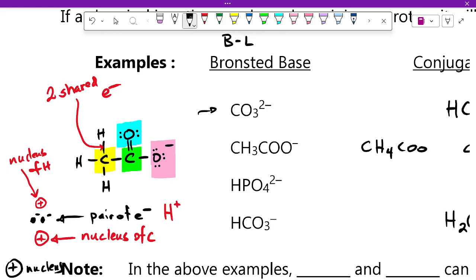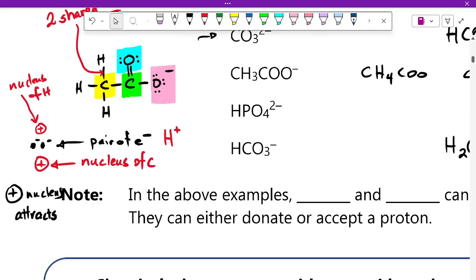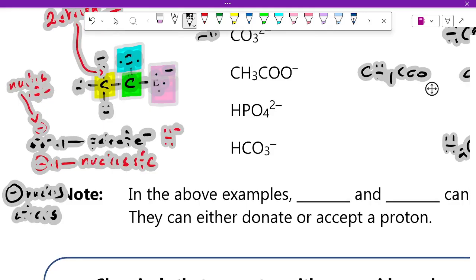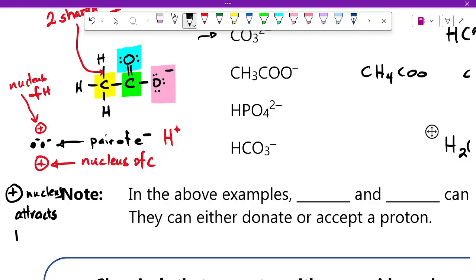This is not part of grade 12 curriculum, but I feel like if I sent you out without knowing this to the great wide world beyond, that would be sad. Okay, so the positive nucleus attracts the negative shared electrons. So a covalent bond is a pair of shared electrons in between two nuclei.